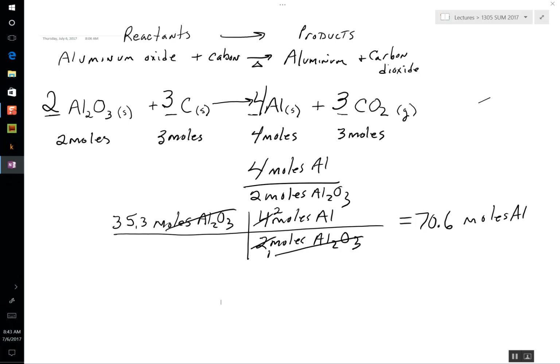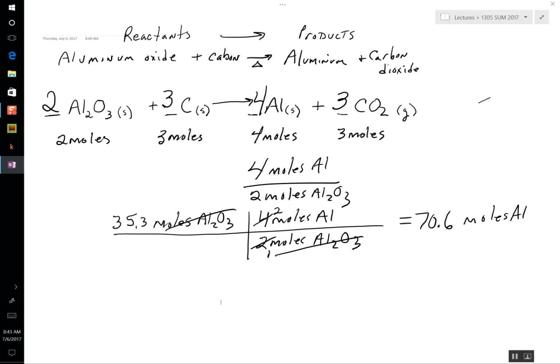Okay, now here we're going from moles of something to grams of something else. So we're starting to get from moles to grams, mass relationships.